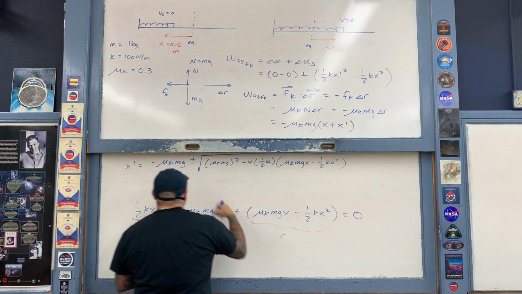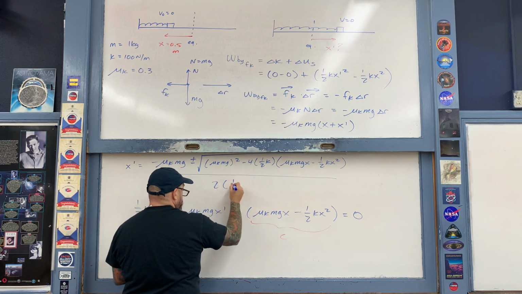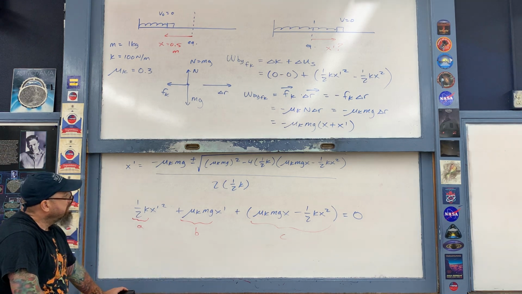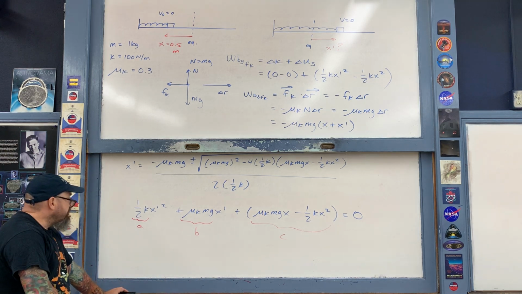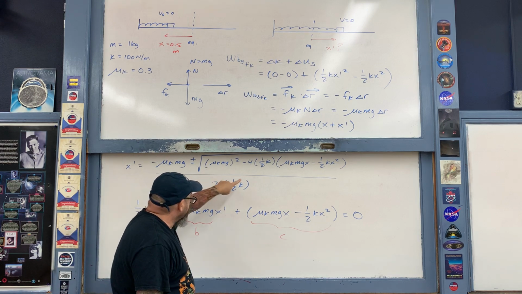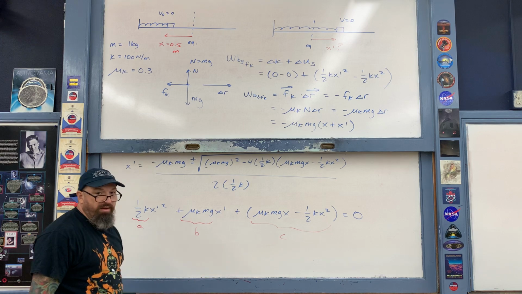Like so. And then all divided by 2A. Like so. So let's take a look at this carefully. Let me make sure that I did this right. So negative b plus or minus the square root of b squared minus 4 times a times c, divided by 2 times a. Okay, very good.